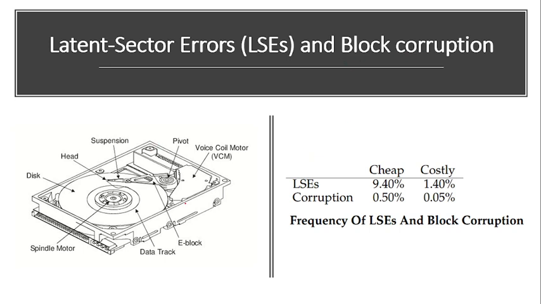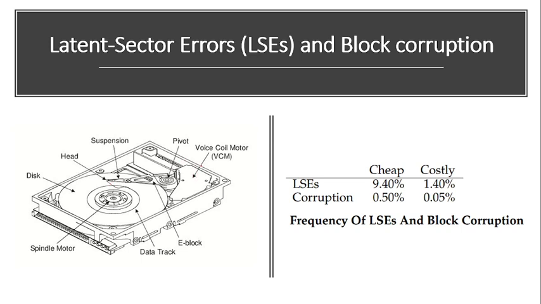If you observe the hard disk, this is the disk where the data is stored, and this is the suspension and the pin which reads the data. This works the same as the gramophone record we saw in earlier ages.